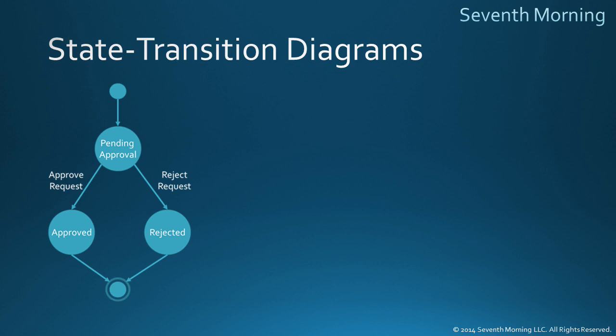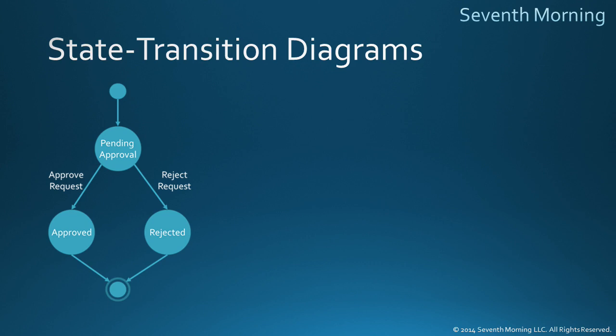And that's it. But what else can we learn from this diagram? First of all, if a request is in an approved state, it cannot be rejected because there's no transition going from approved to rejected or from approved back to pending approval, right? So there's no way to reject something that's already approved.